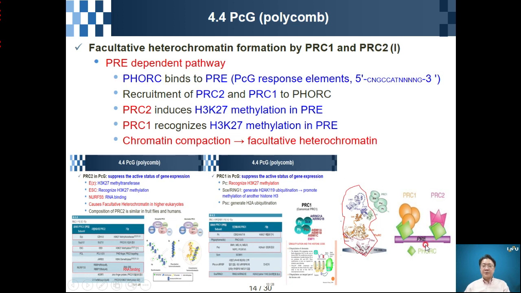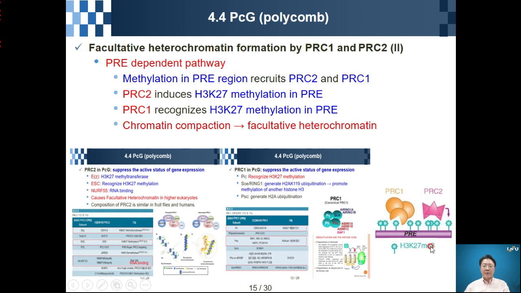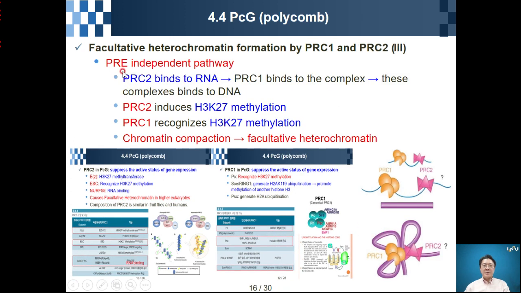This PRE independent pathway means it can occur everywhere. Here PRC2 binds to RNA, some kind of non-coding RNAs.